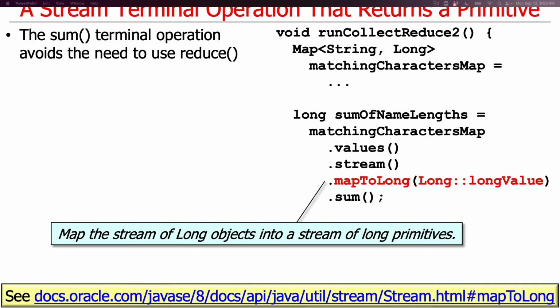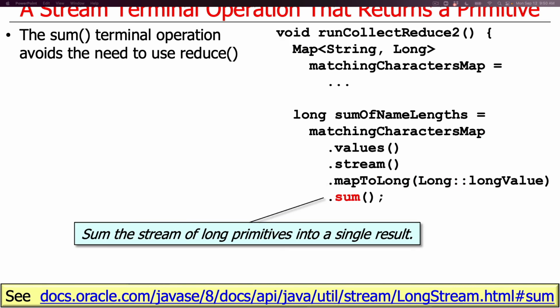Strangely, no. Java differentiates between reference types and primitive types, and then it's got all these weird conversion operators that convert back and forth between them. So this is converting a stream of Longs with a capital L into a stream of longs with a lowercase l. And once they're longs with a lowercase l, we can then sum them to get a single result. So sum expects to have a stream of long primitives to work on.